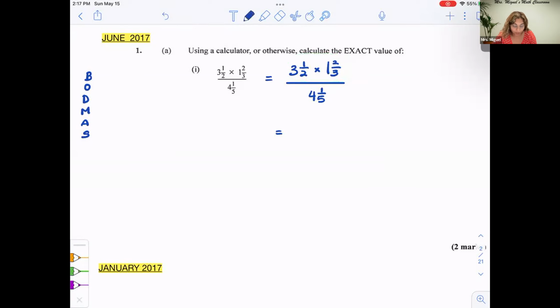So you have to work out 3.5 multiplied by 1 2/3. The answer is 5 and 5/6.